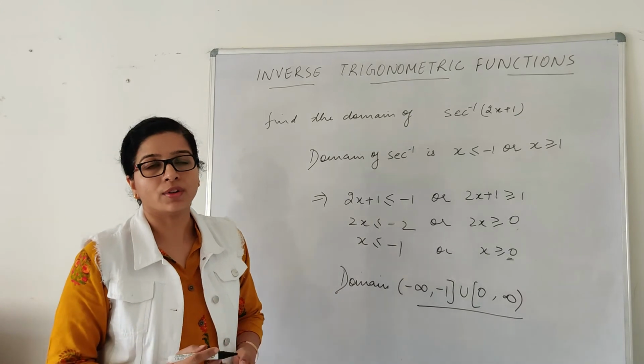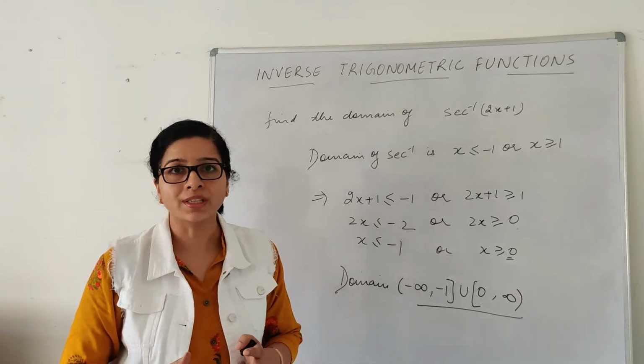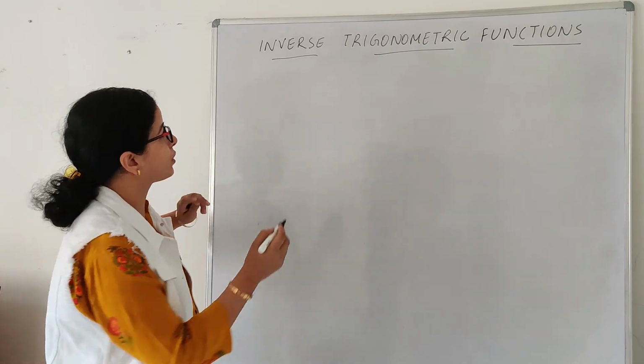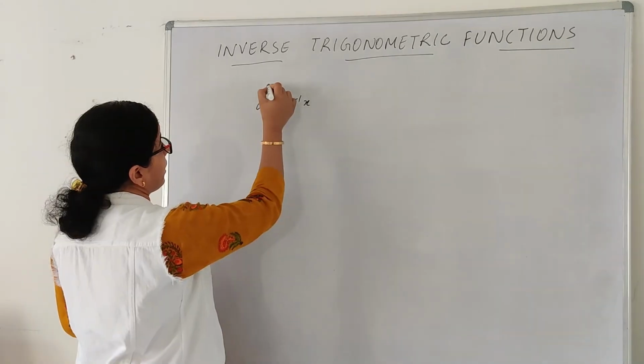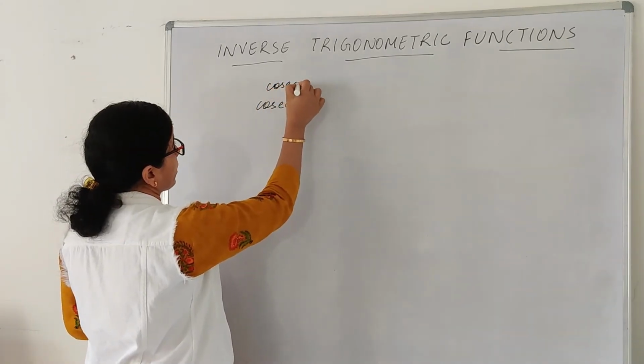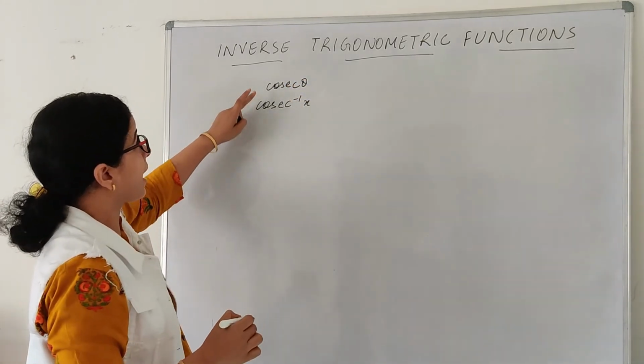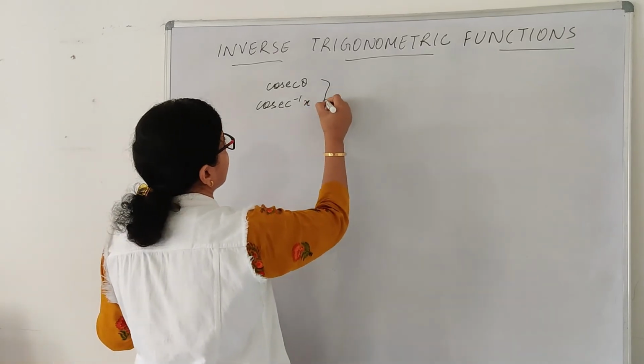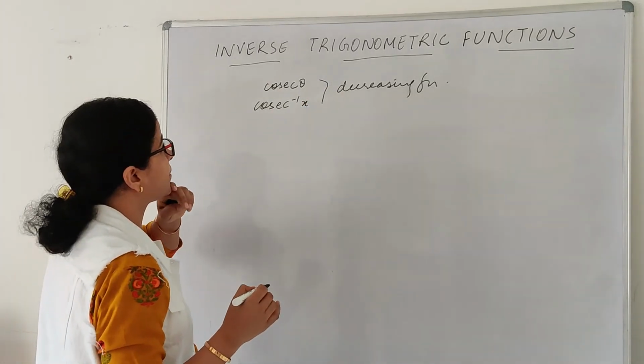Okay. Now we'll check the cosec inverse and cot inverse functions. Let us check cosec inverse x. Cosec and cosec inverse, both are decreasing functions. Where is cosec inverse decreasing?